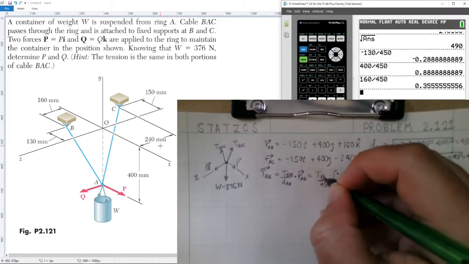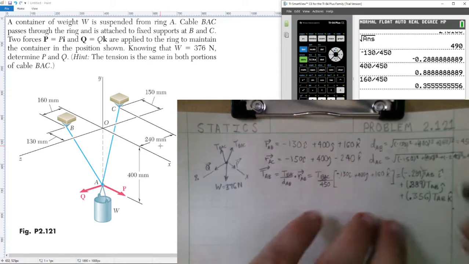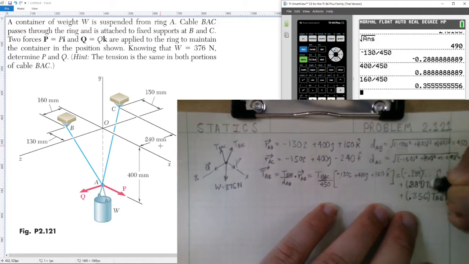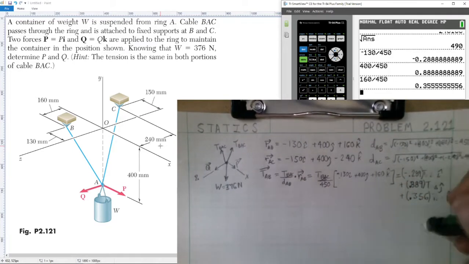So it's tension BAC, not tension AB. These have the same tension values.